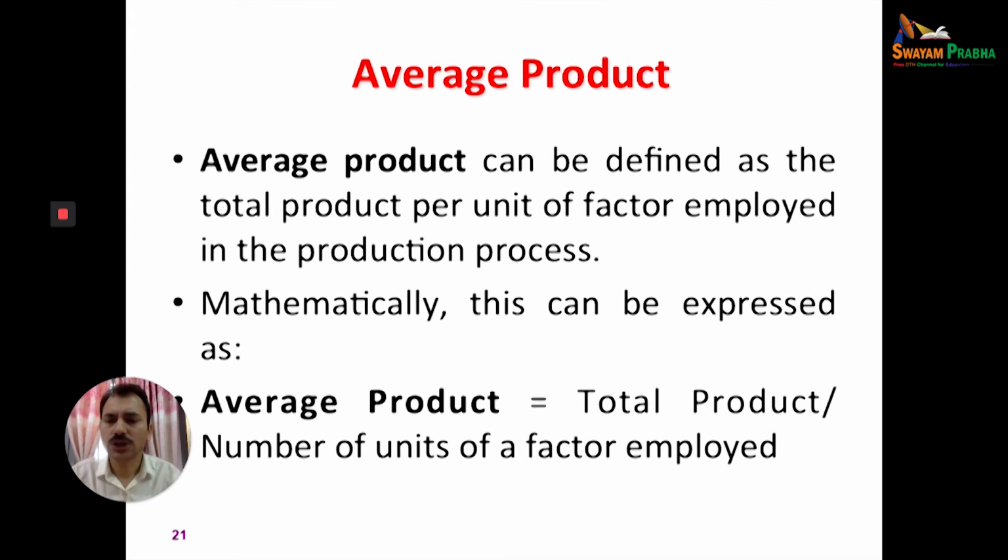Say 100 units is the total product, and the number of units of labor employed is 20. So 100 divided by 20 is 5, which means the average product is 5.